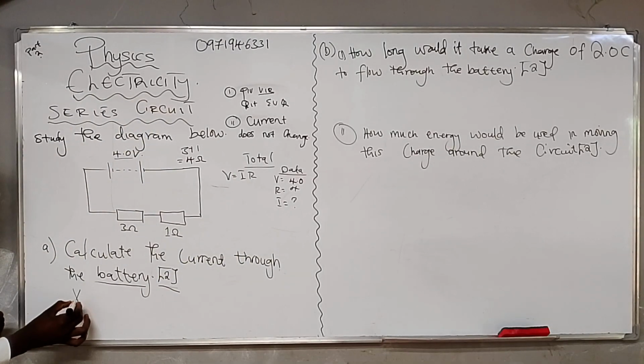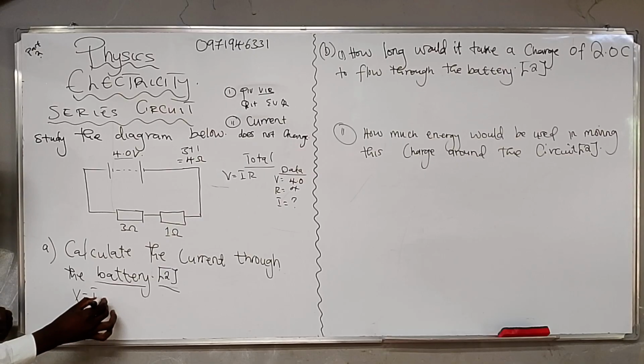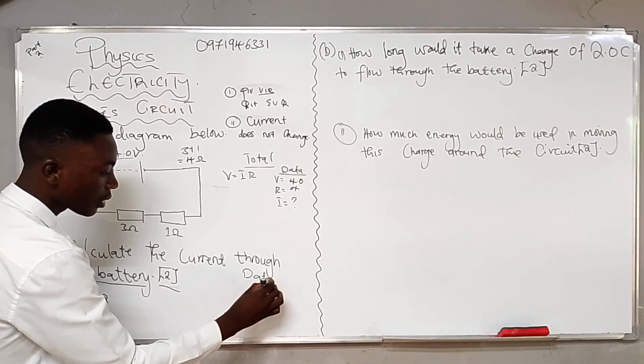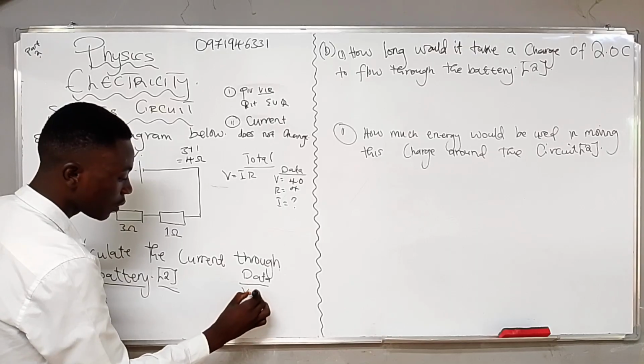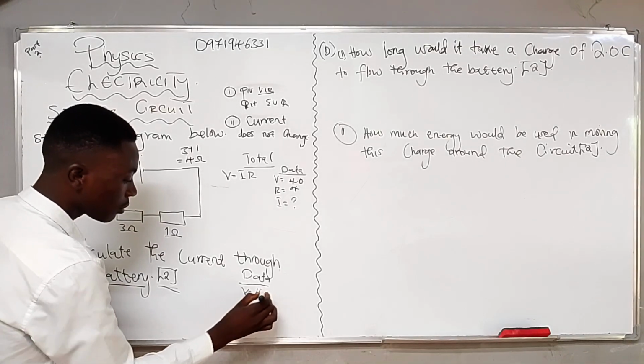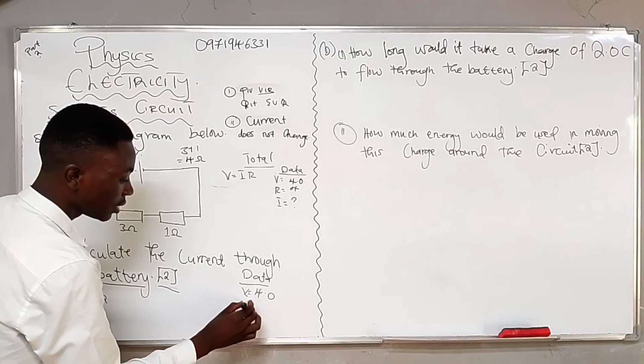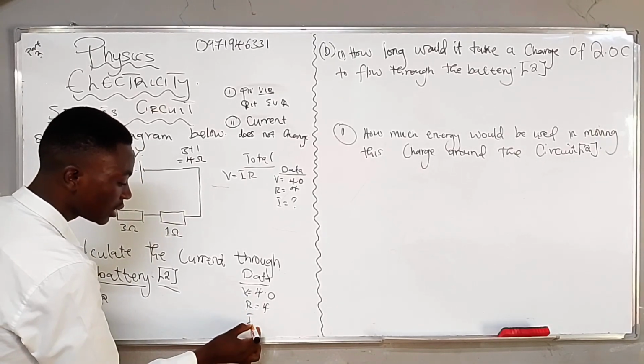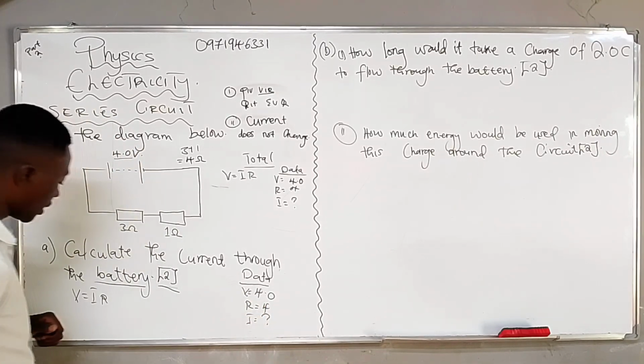And then you have your data. So on the data we have voltage of 4.0, and the resistance is 4. And then our current, it is what we are looking for, the question mark.